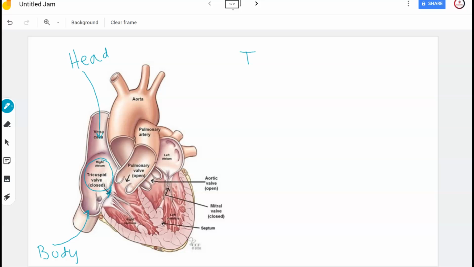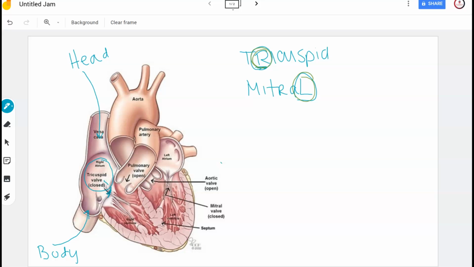Remember, tricuspid has an R in it, versus mitral, which I know also has an R, but it has an L, to help you remember what side of the heart they're both on.